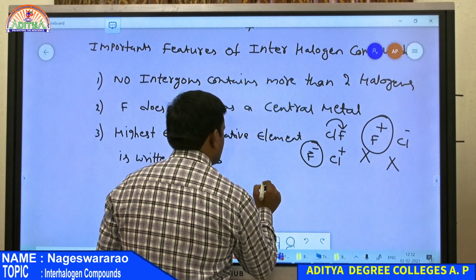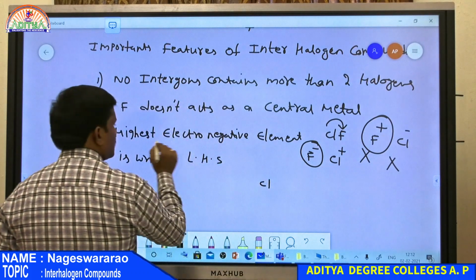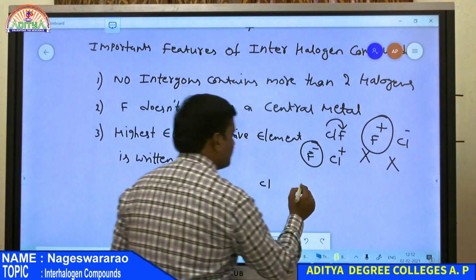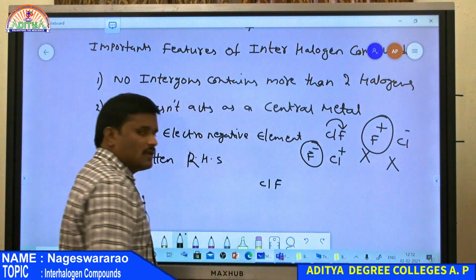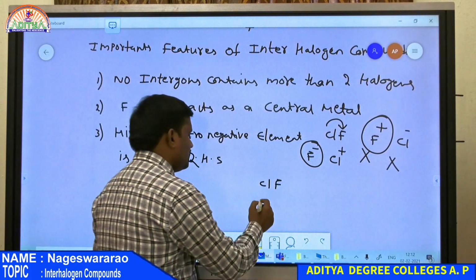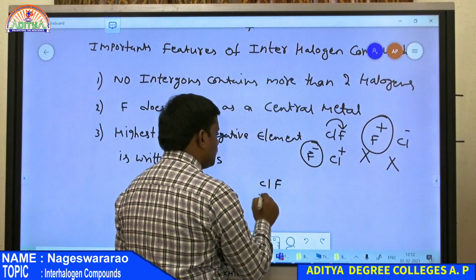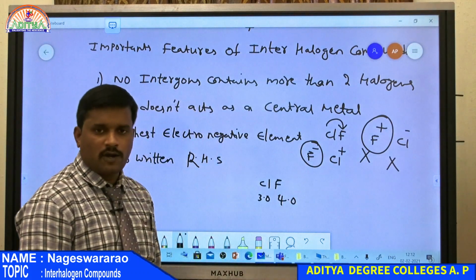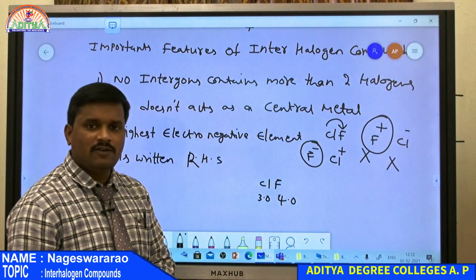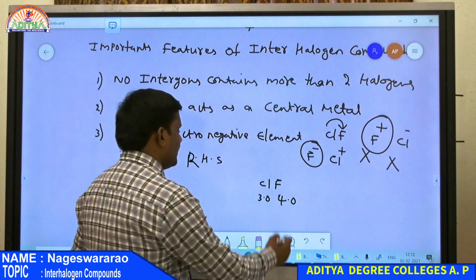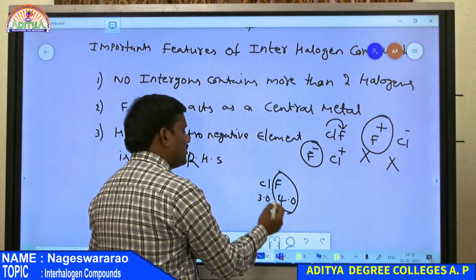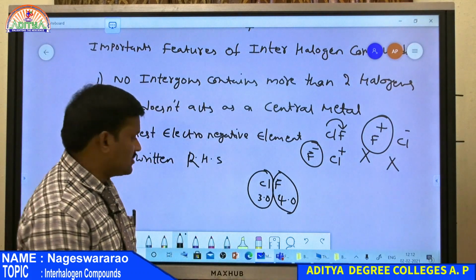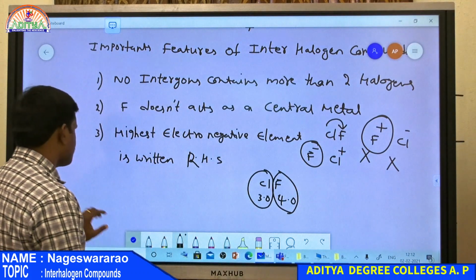Here chlorine has nearly 3.0 electronegativity, whereas fluorine has electronegativity 4.0. So the highest electronegative element, fluorine, is always written at the right hand side, and the lowest electronegativity element is always written at the left hand side. So this is the third property.